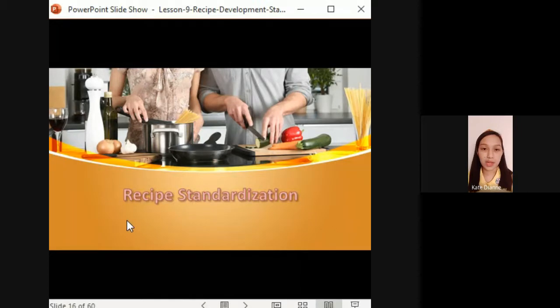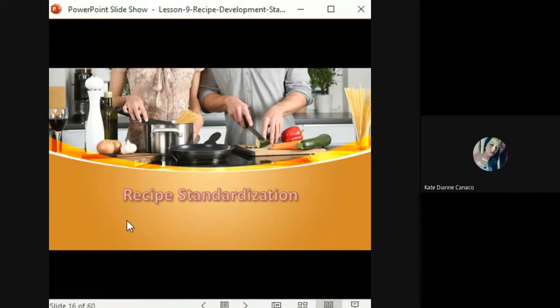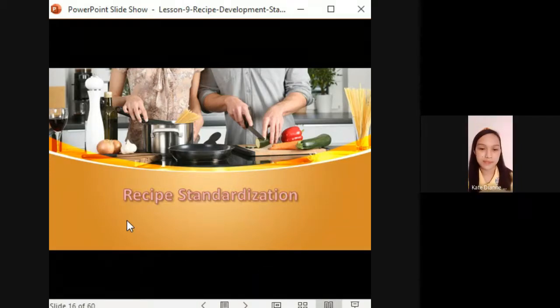Okay, so after the recipe development, we will now go with the recipe standardization. Any idea about recipe standardization? Since it was mentioned already by Sir earlier. Again, what is recipe standardization or standardized recipe? Anyone?